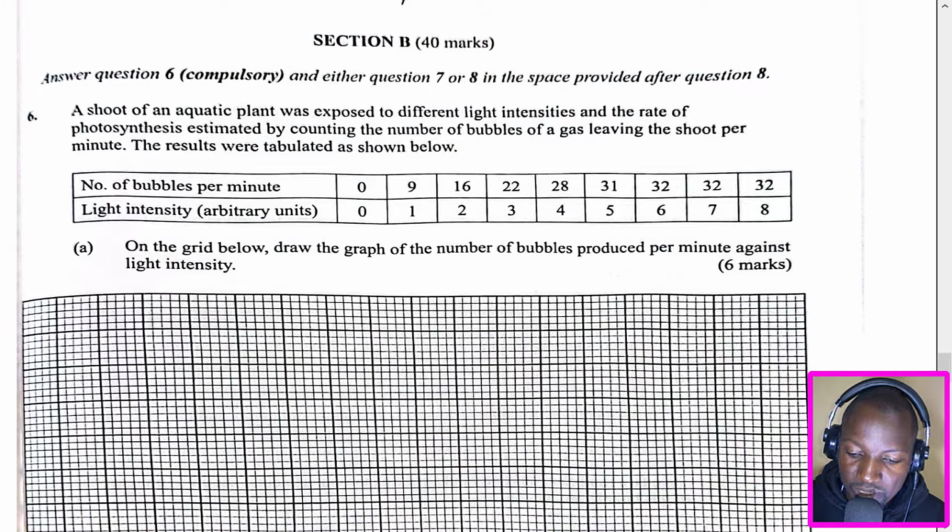So question number 6 has 20 marks, which is a graphical question, and between question number 7 and 8, you pick one, which also contains 20 marks, totaling 40 marks. So Section B has 40 marks.